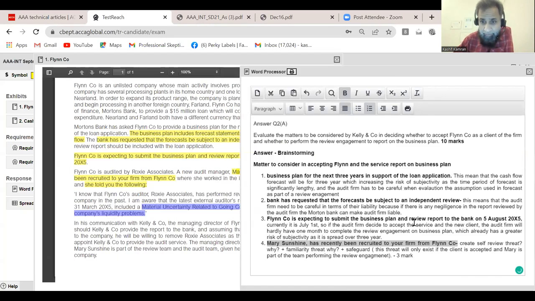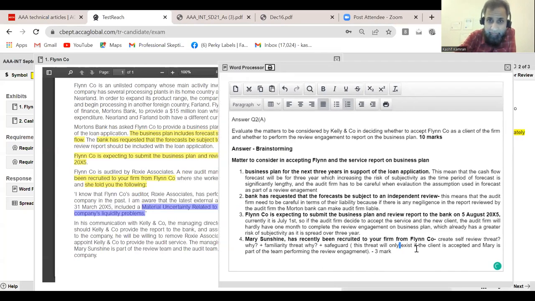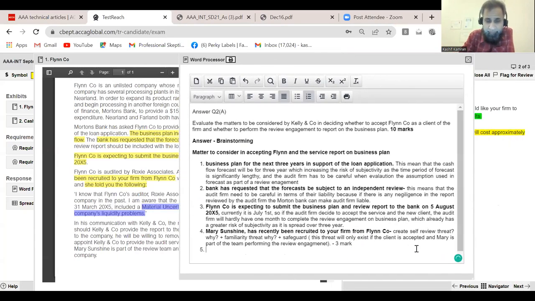Next point in your word processor. Material uncertainty relating to going concern section due to the company's liquidity problem. This matter was highlighted by Mary, but not by Flynn management.